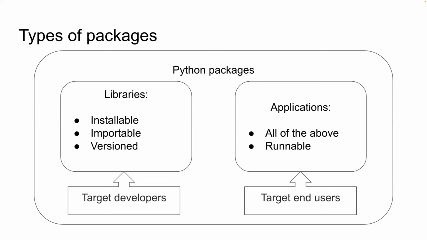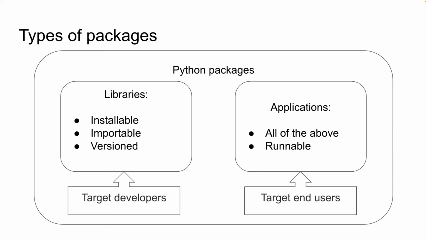Libraries are targeted to developers. Developers are the end users of the libraries. They are going to specify this library in their requirements and use it to actually implement and deliver some sort of application or another library.